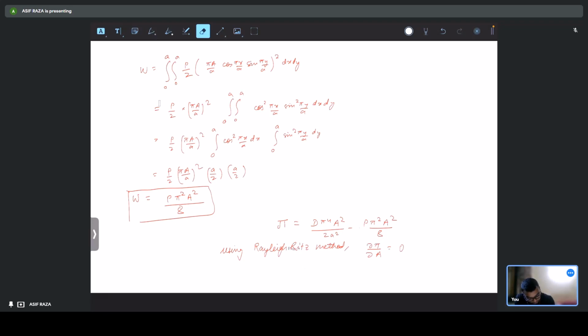I can take 2A all over D by 4 upon 2A square minus 2P pi square A upon 8 equal to 0.